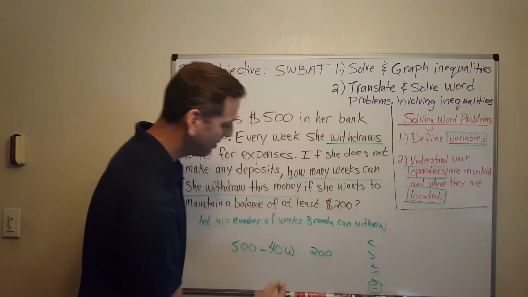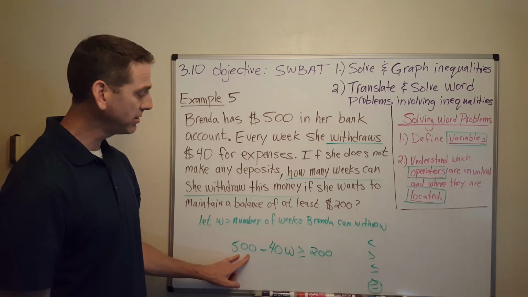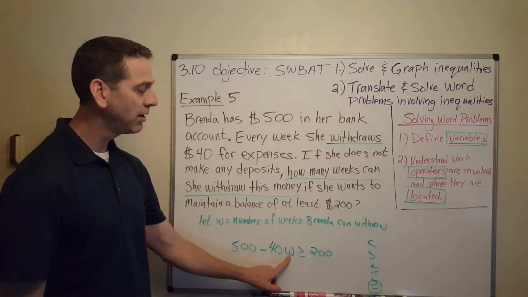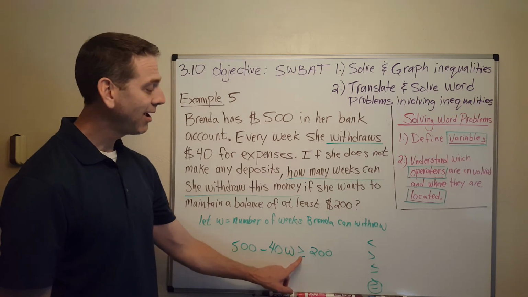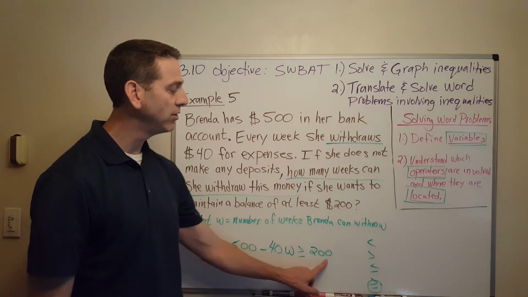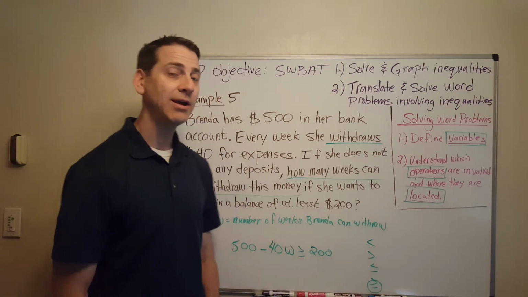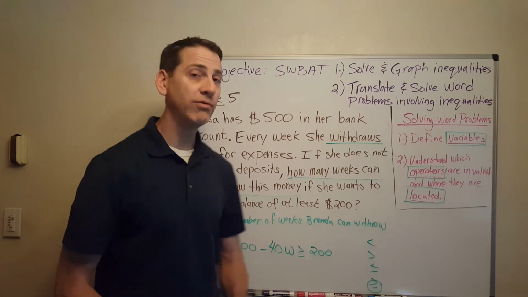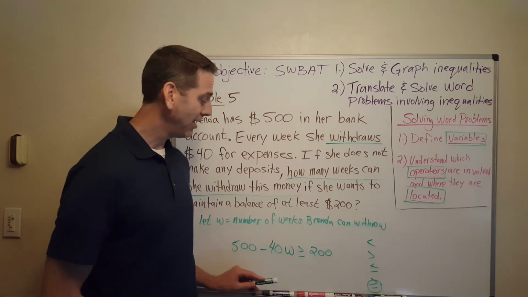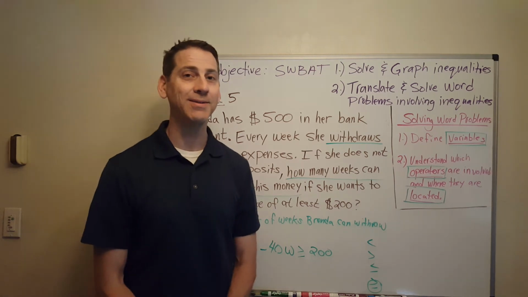It's going to be right there. Okay? So if she starts with $500 and she withdraws $40 per week, how many weeks can she do it to maintain a balance of more than or equal to $200? And there's my algebraic statement. I'm going to let you solve that. Pause the video, solve it, and when we come back, I'm going to give you all the solutions to the 5 problems that we did.